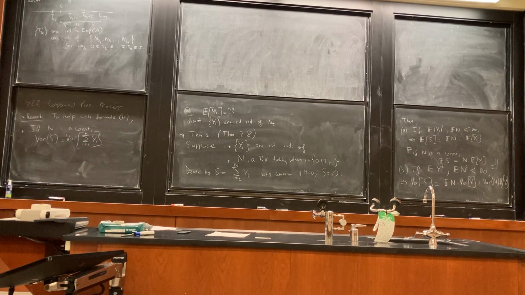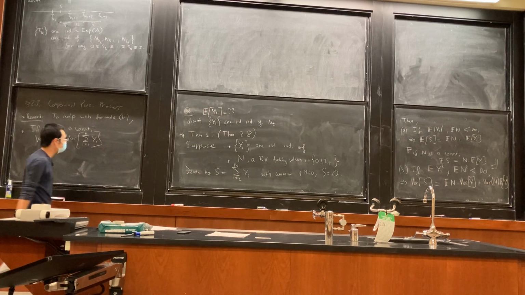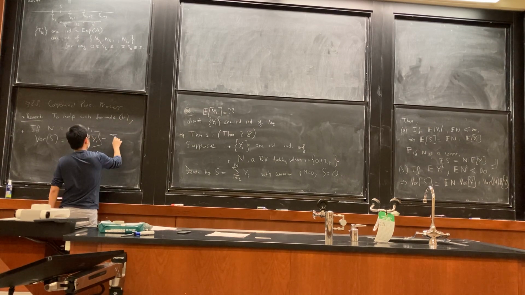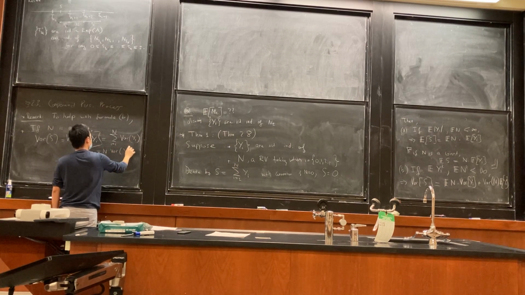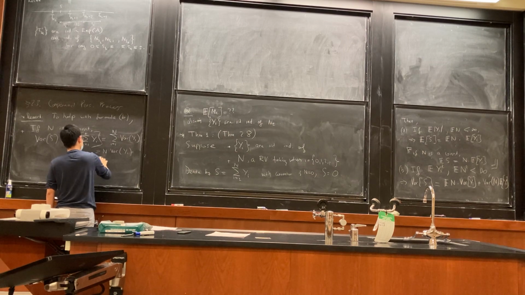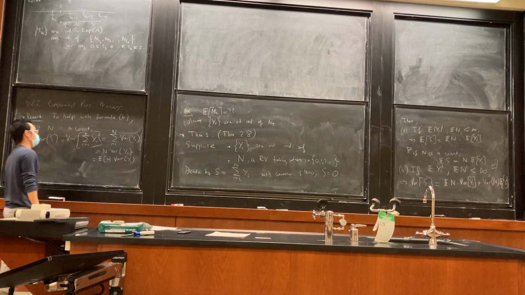Because they are all independent, that is just the sum of the variances, which is n times variance of Y_i, which is the same as expected value of N times variance of Y.